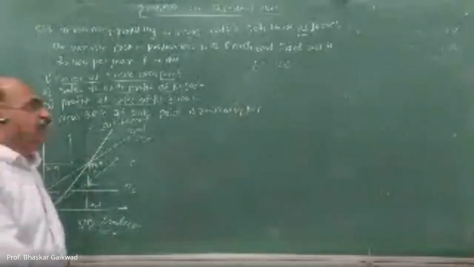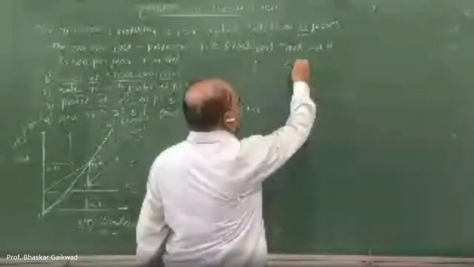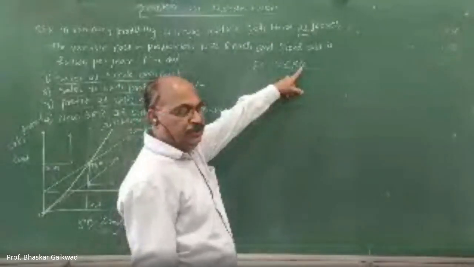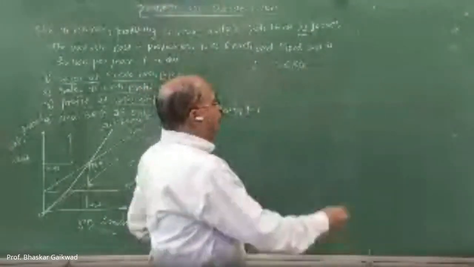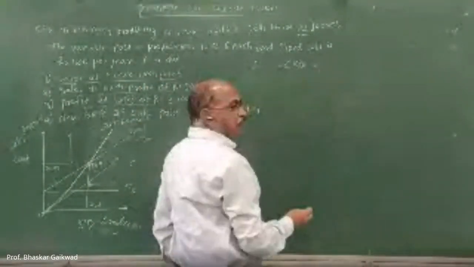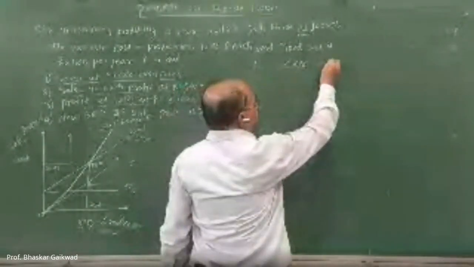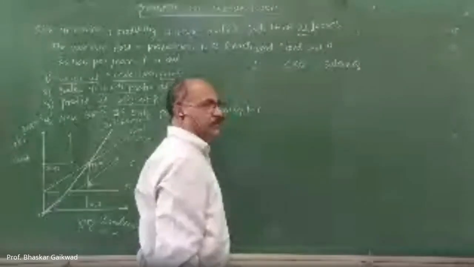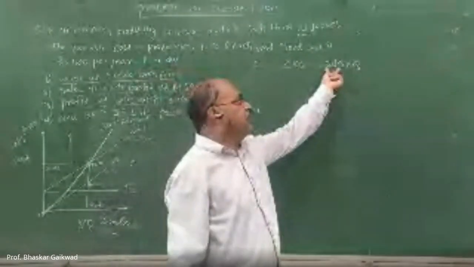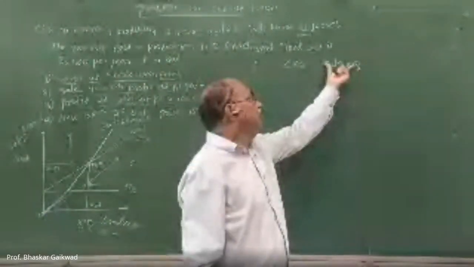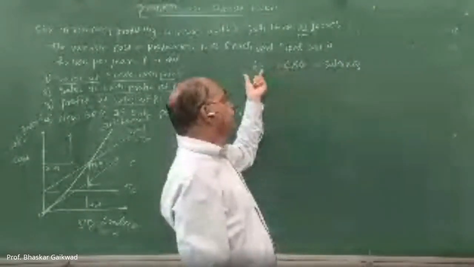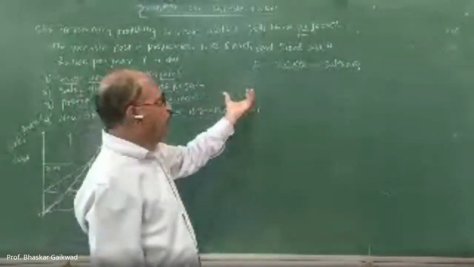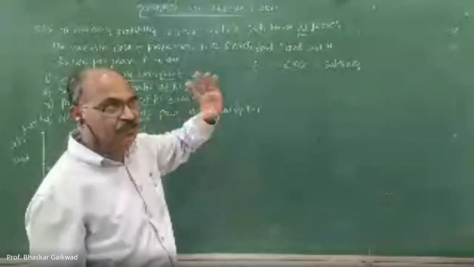So let Q be the quantity. Total cost is equal to sales into quantity. Suppose sales is 10 rupees per unit. If we require profit, we add the profit.